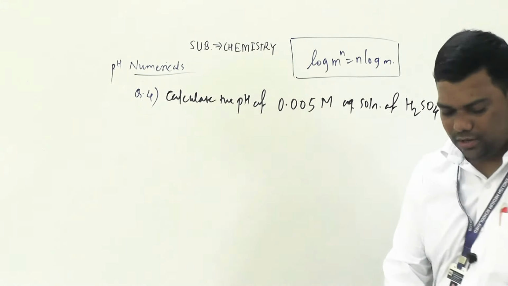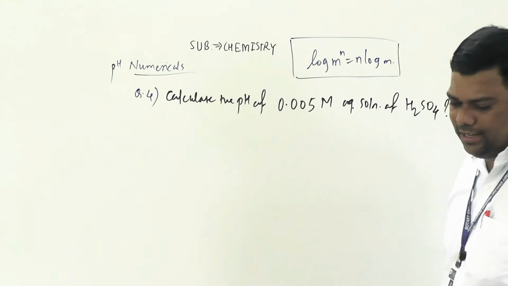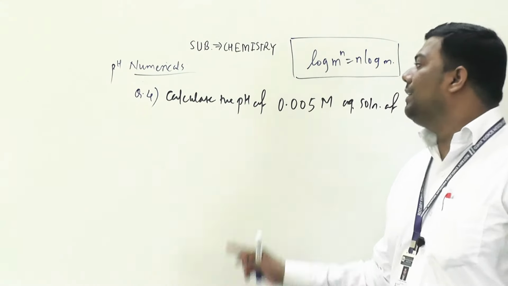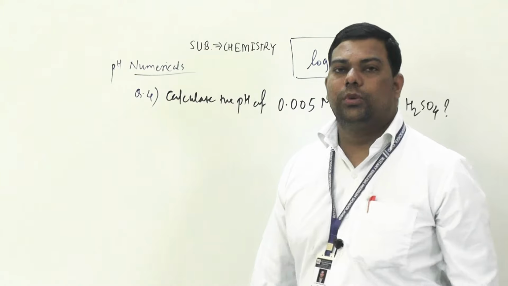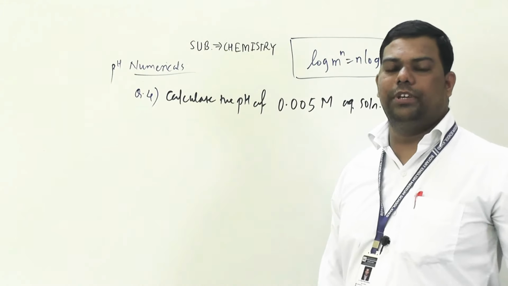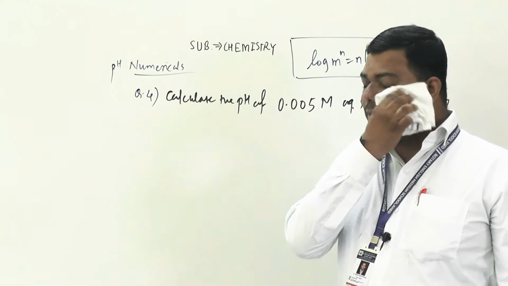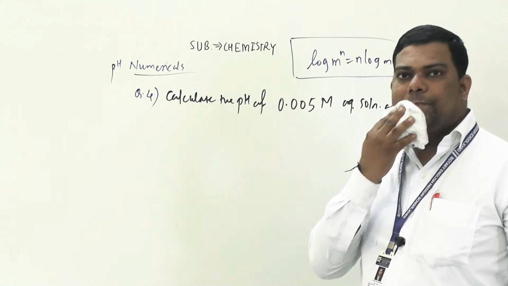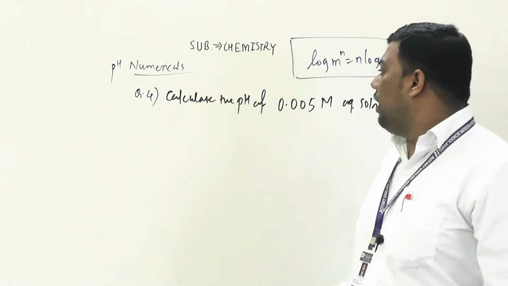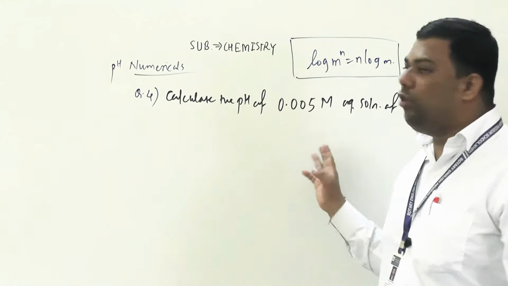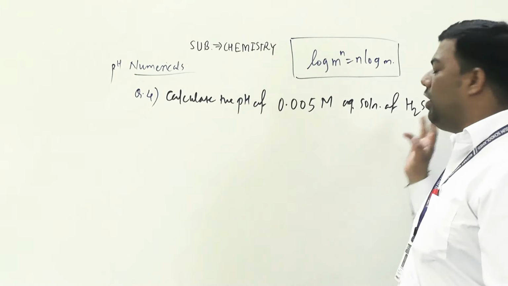So how can we calculate this? pH is the negative logarithm of the concentration of H plus ions. So here, calculate the pH of 0.005 molar aqueous solution of your H2SO4.